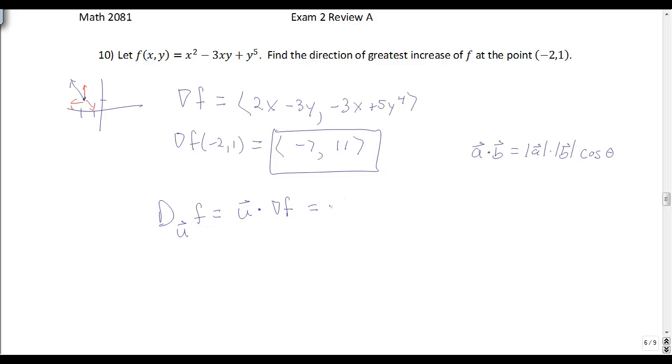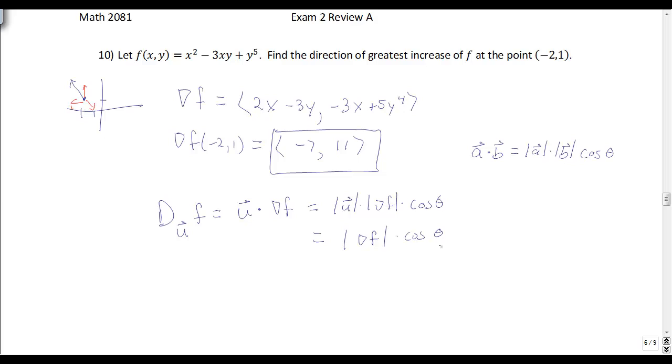Letting u be a, this is magnitude u times the magnitude of the gradient of f, times cosine of the angle between u and the gradient of f. Now the magnitude of u is 1 if we let u be a unit vector. So I just get the magnitude of the gradient of f times cosine of theta.